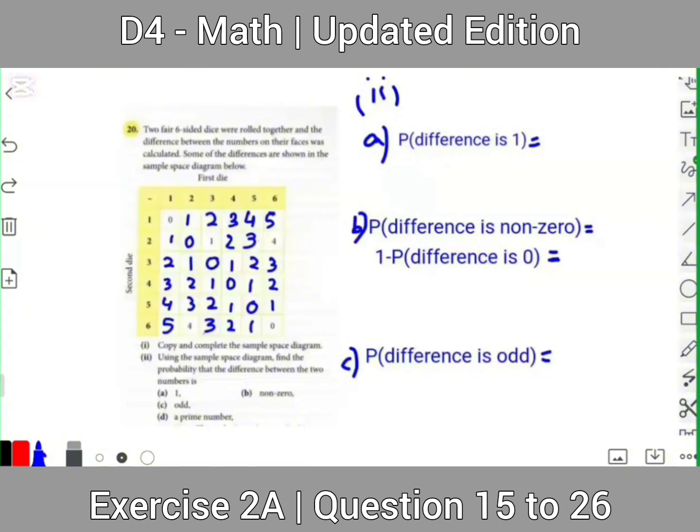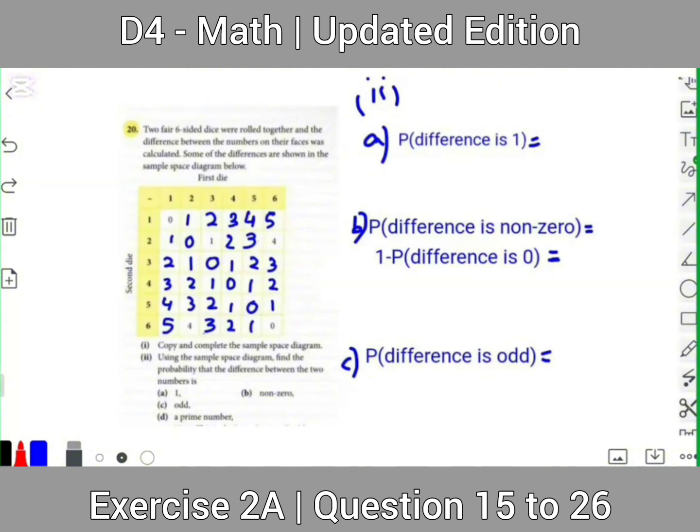In the sample space diagram, find the probability that the difference between the two numbers is 1. To find this, we have to count the differences that are 1 in the sample space diagram. We will mark the required favorable outcomes with red.